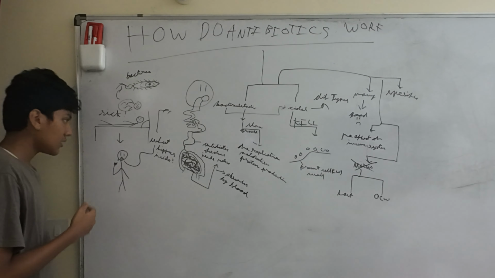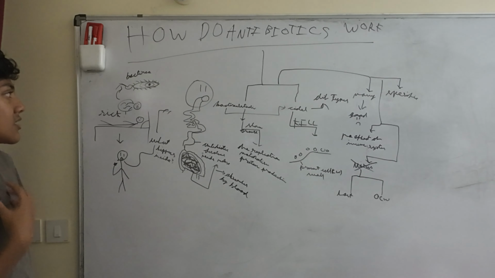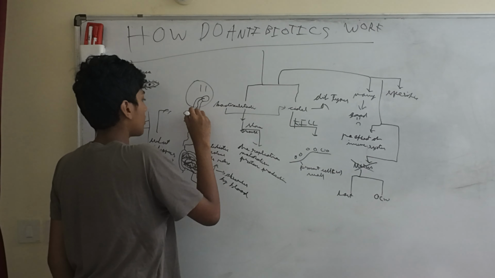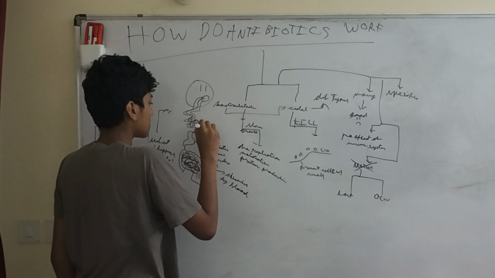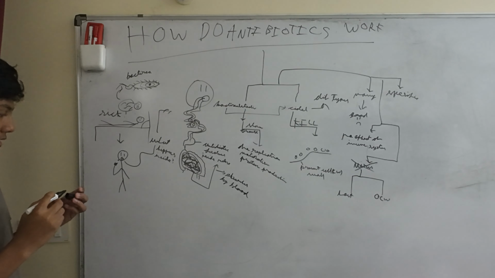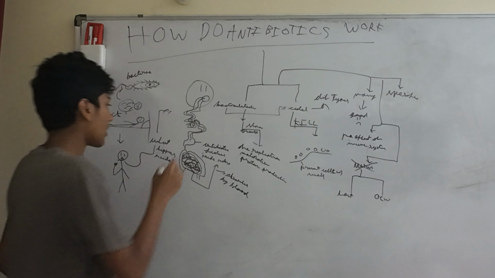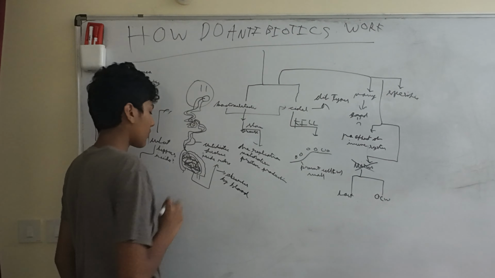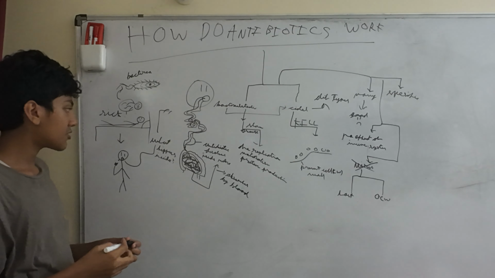As it enters our mouth, it goes through our esophagus into our stomach, where the antibiotic dissolves, and then eventually goes into the small intestine where it's absorbed into the bloodstream.